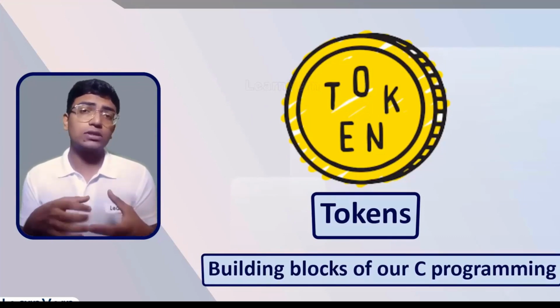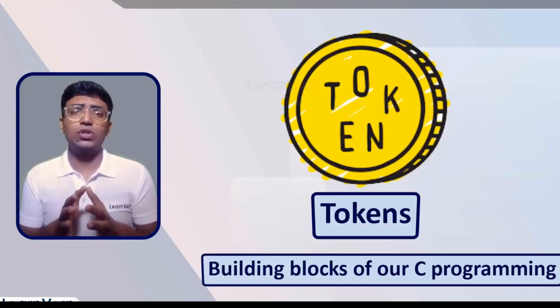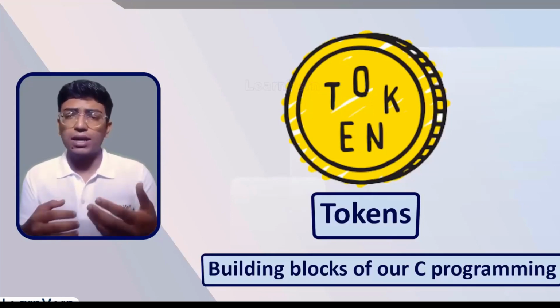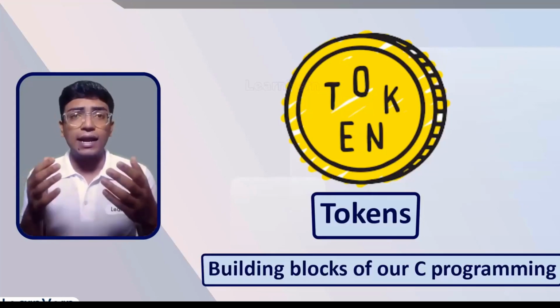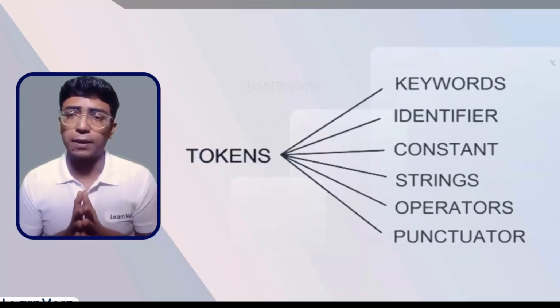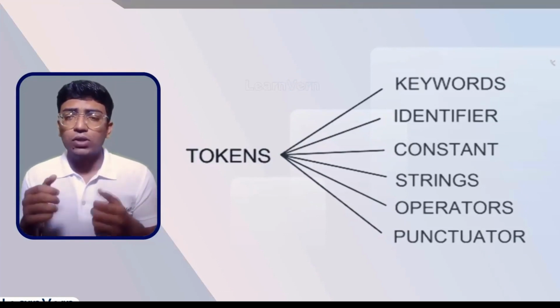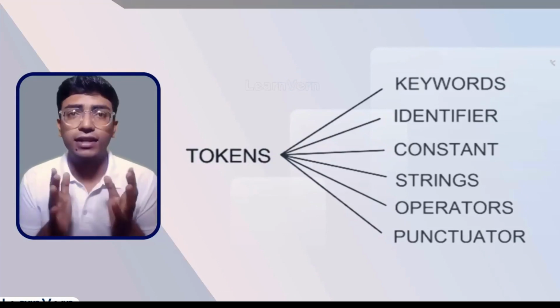As the building blocks can be of different types, in the same way, our tokens can also be of different types, and the categorization of the tokens has been done in these 6 types which are visible on the screen. The first type is keywords.